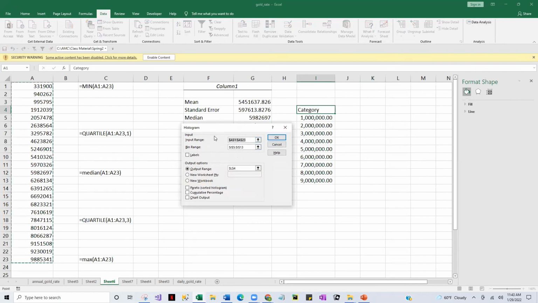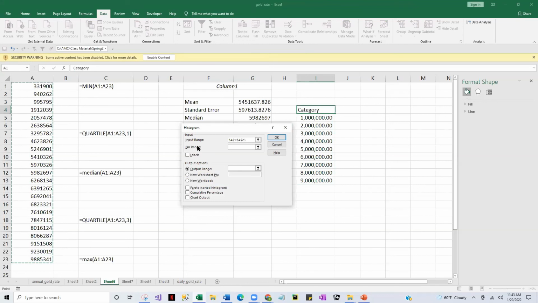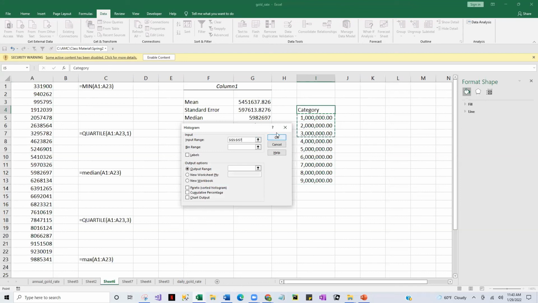So I'm going to do it one more time here. I'm clearing everything. So let's start here. The input range is the data that we are going to analyze. Then the bin range. So this is the input.